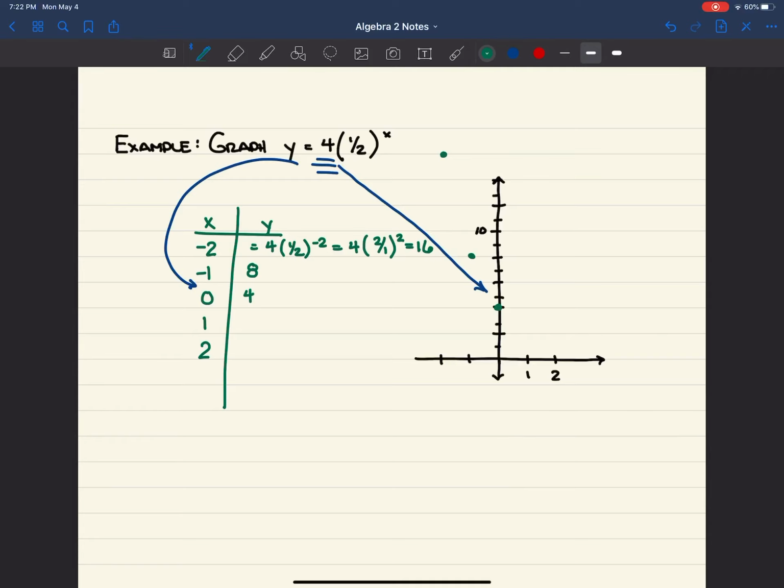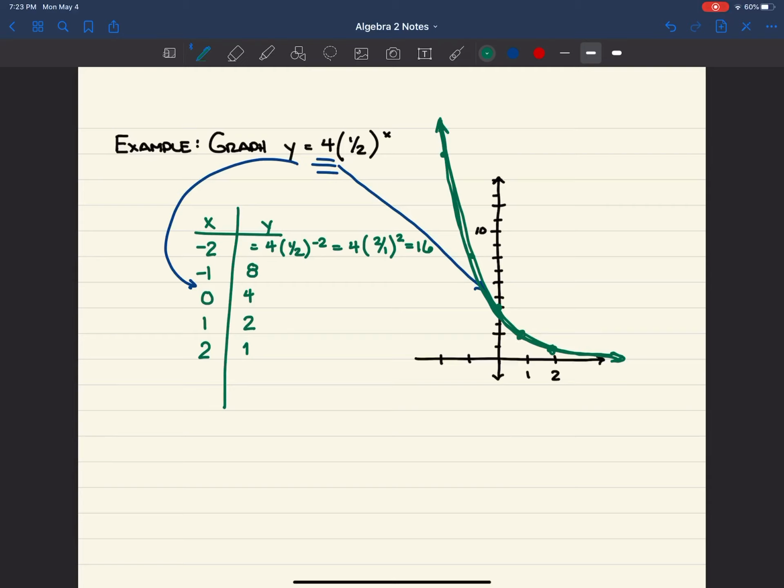If we keep going and we plug in 1 for x, we're going to get 2. And if we plug 2 in for x, we're going to get 1. So if we plot those points, you should see our graph has this nice, even decay to it, this nice slope downwards. I'm sure yours will be much cleaner than mine, but it should look something like this.